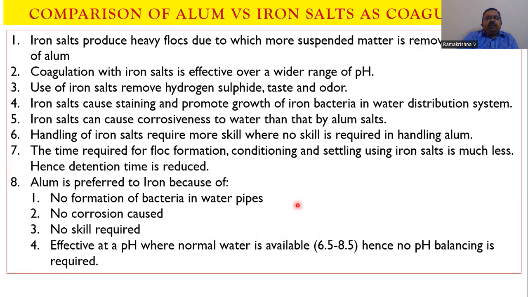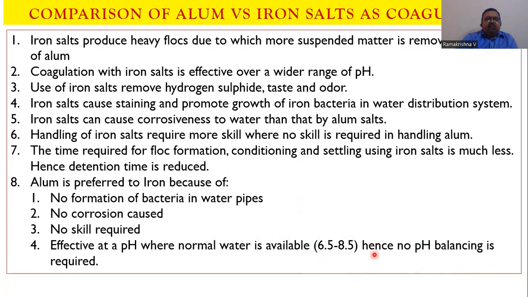Now there is a debate about which is better, iron salts or alum salts. Alum salts, as we have seen in the discussion, operate under a pH range of 6.5 to 8.5, the natural pH. And iron salts have to operate at different pH ranges, so we have to balance the pH of the water, which is another complicated process.